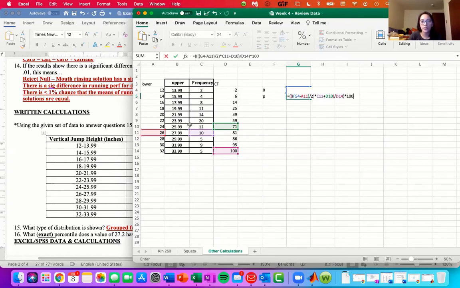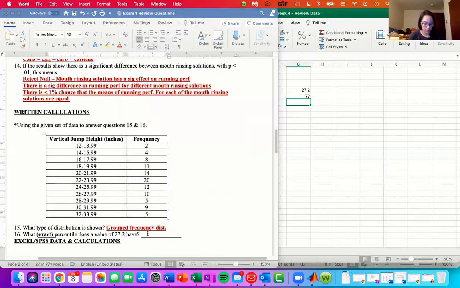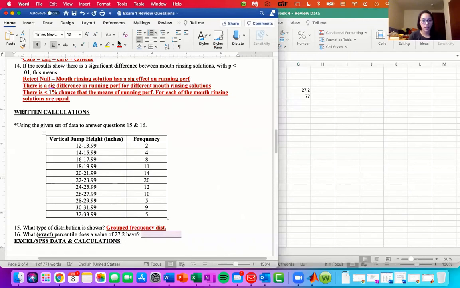And you don't have to use cell references. I just like to click around so that I don't make any numerical value errors, but you are free to put 27.2 minus 26 times 10 plus 71 divided by 100. You can use those numbers, totally fine, okay? But if I press enter, we see that we have a percentile of 77%, right? So we could insert that in our answer sheet.